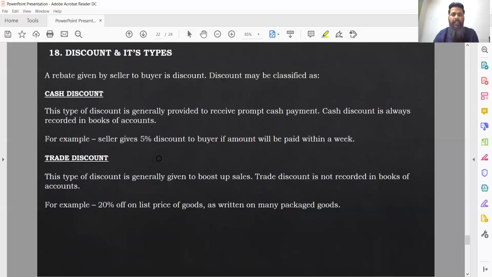After minutes of discussion, the seller agrees to sell that jeans for rupees 1800. So this particular discount of rupees 200, which is claimed by the buyer after bargaining with the seller, is cash discount.